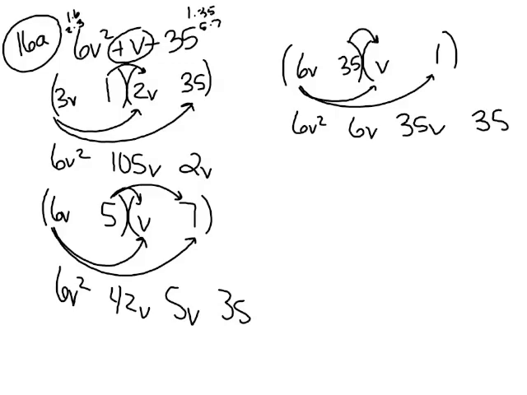Still, that doesn't get me back to 1. Okay, so I lied. It is prime. There's no way to reorder that. If you switch the 1 and 35, then you're going 6 times 35, and you're still going to end up with an outrageous number.